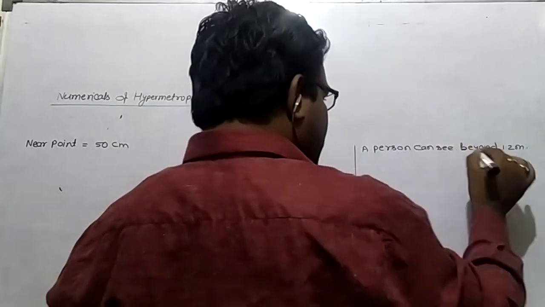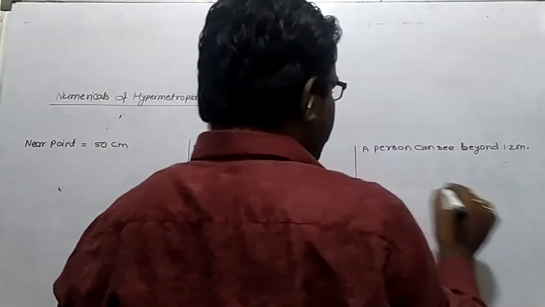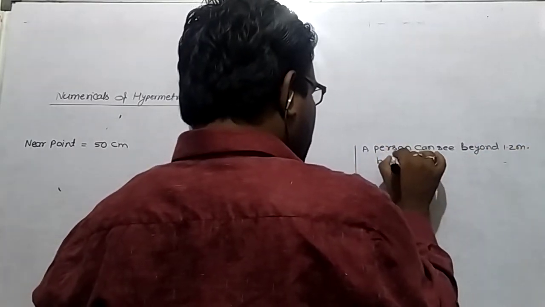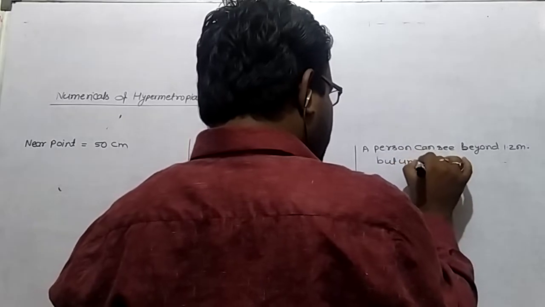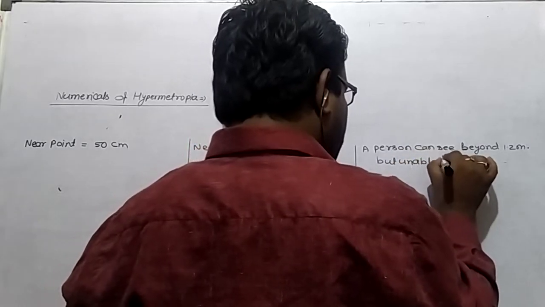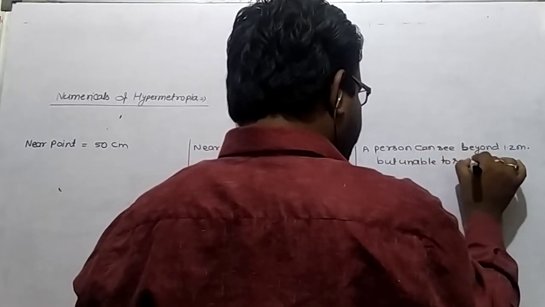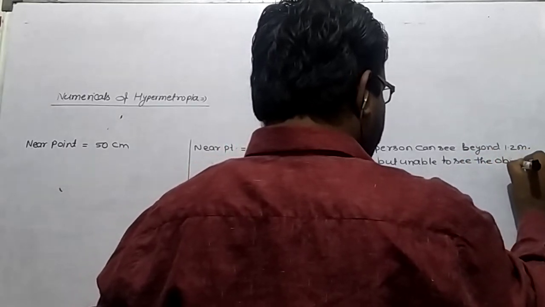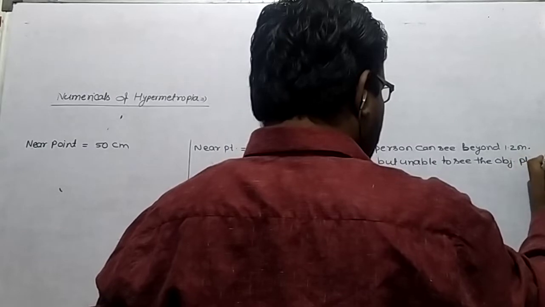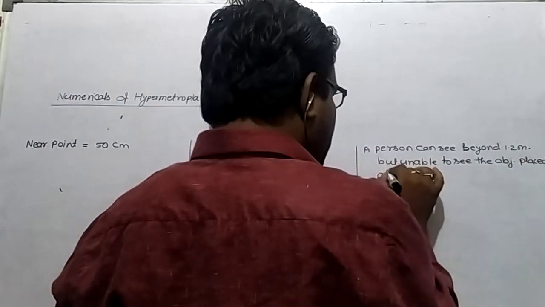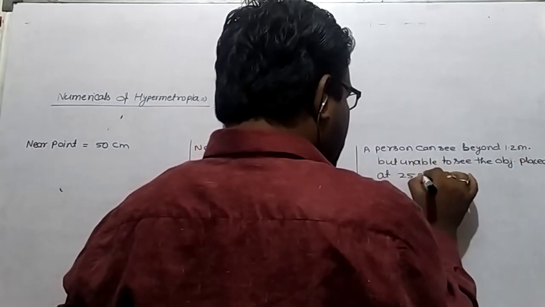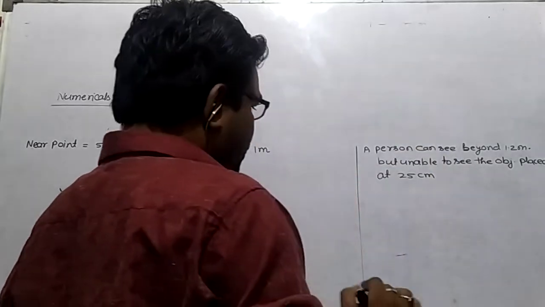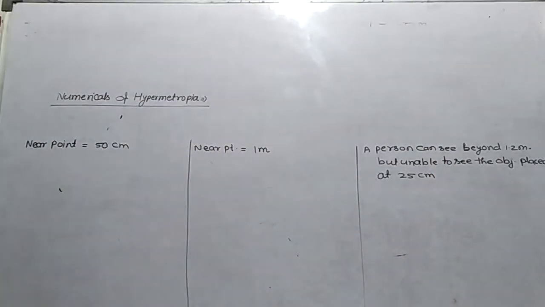Okay, a person can see beyond 1.2 meter, but is unable to see the object placed at 25 centimeter. Okay, this is the question.